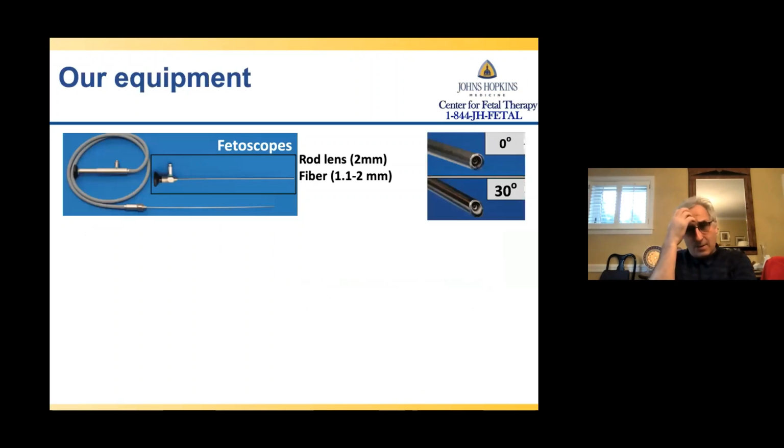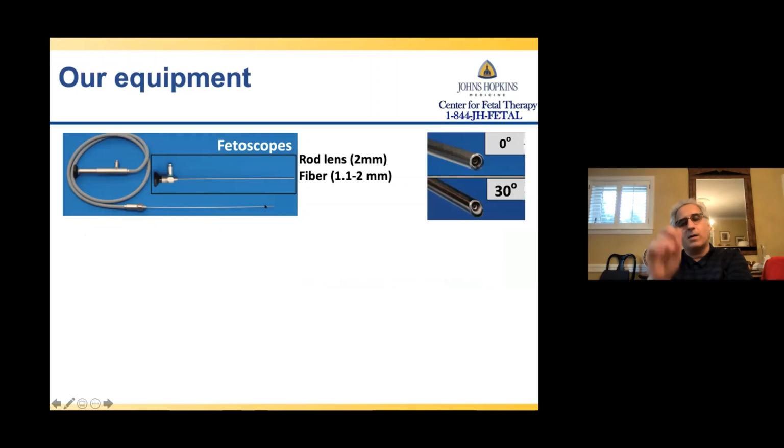Now, just about the equipment, right? So when you do fetoscopic surgery, you basically have a visualization instrument, which is your fetoscope. They can be straight fetoscope where the eyepiece is on it, or remote eyepieces. And these are basically fiber scopes.